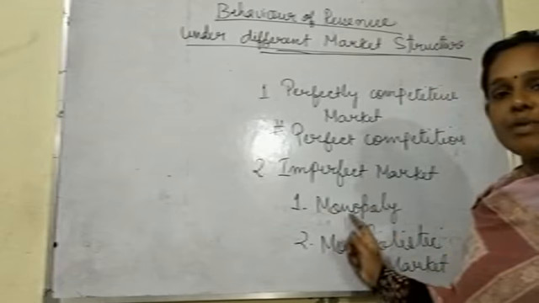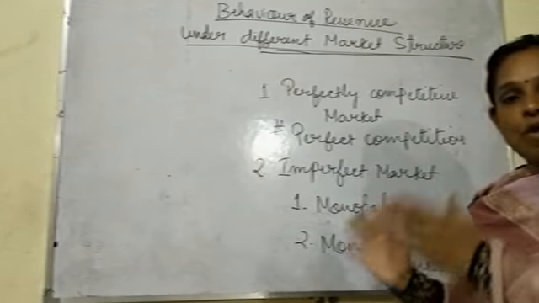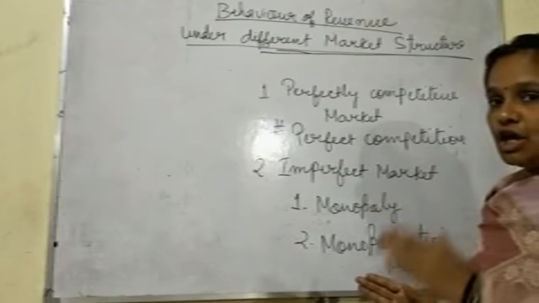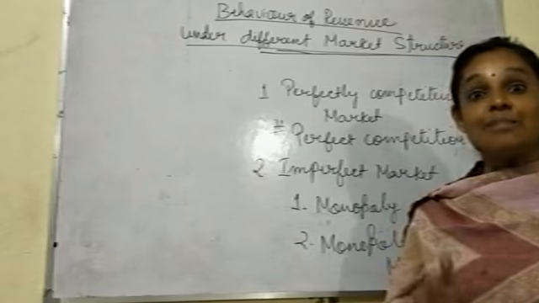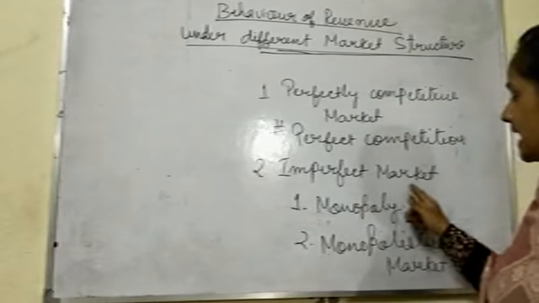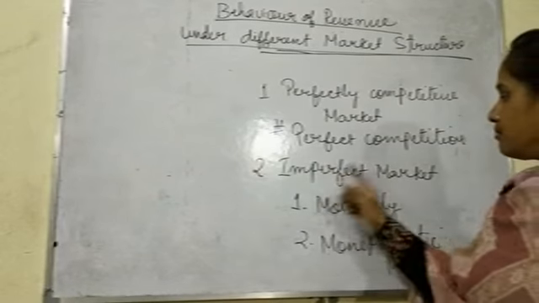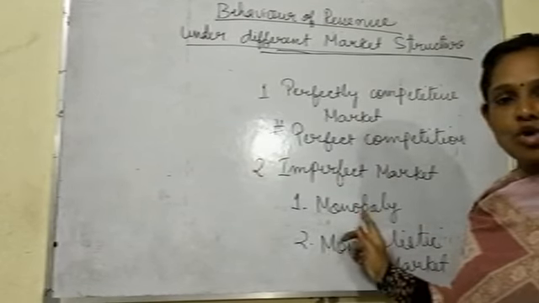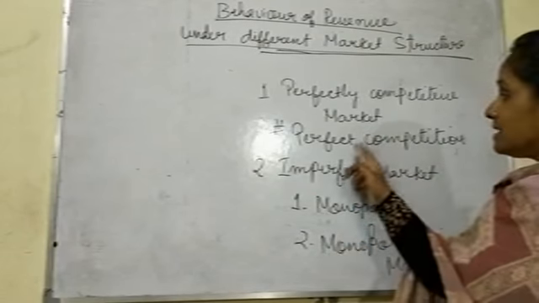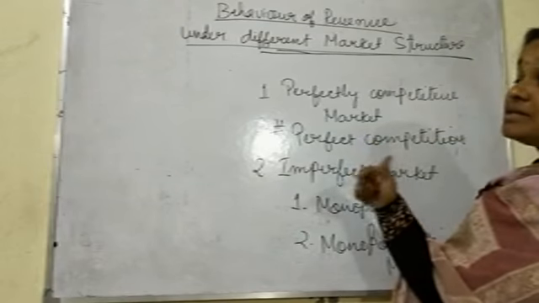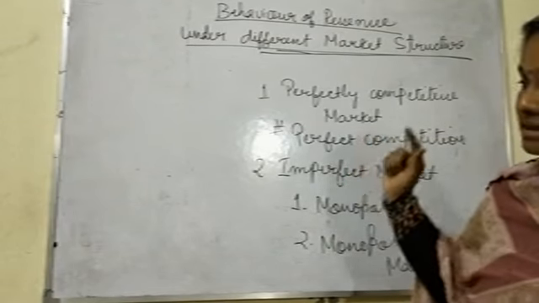That both are price maker. इन दोनों market में जो firm है वो अपनी commodity की price खुद बनाते हैं. They are price maker. That's why they are kept under same category, which is called imperfect market. They are imperfect market, monopoly and monopolistic, because they are price maker, and perfect competition is kept under different market because all they are price taker.